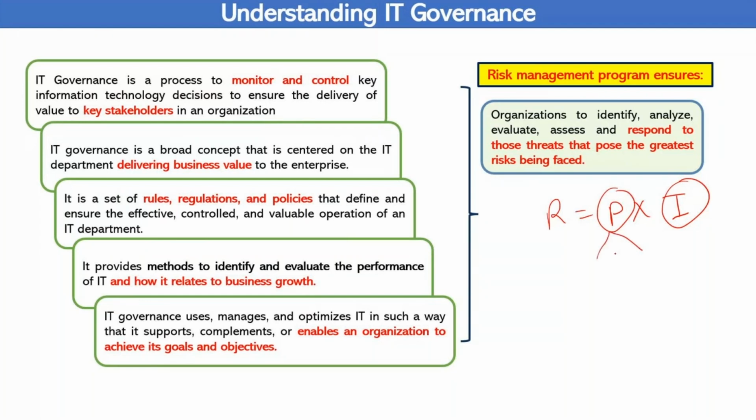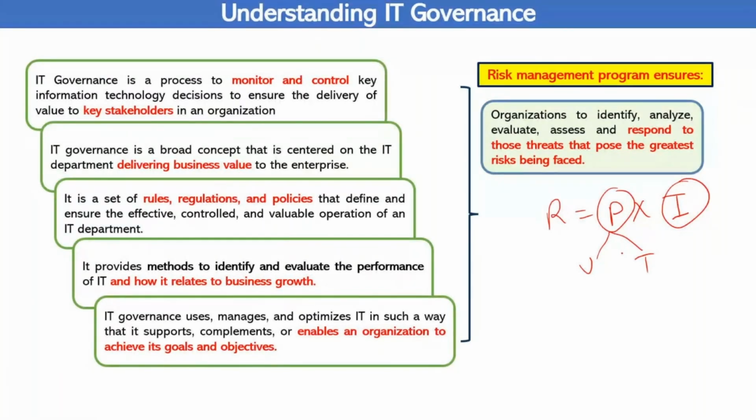Very basic but very core terms here are vulnerability and threats. You cannot just go to the management and say, okay, I have 10 risks. You have to present it in such a way that you have properly identified the risk. Identification begins with risk scenarios.